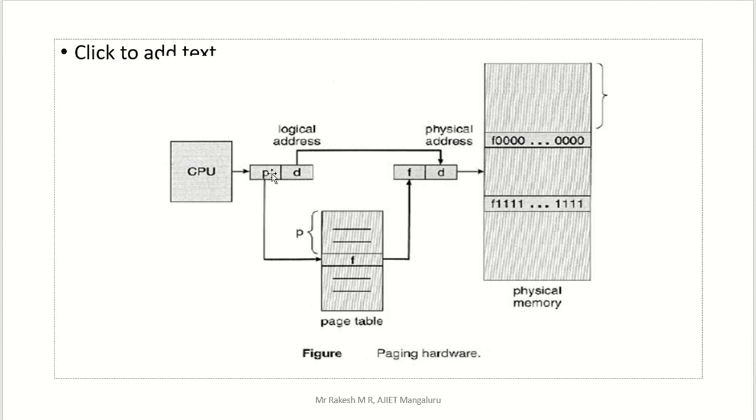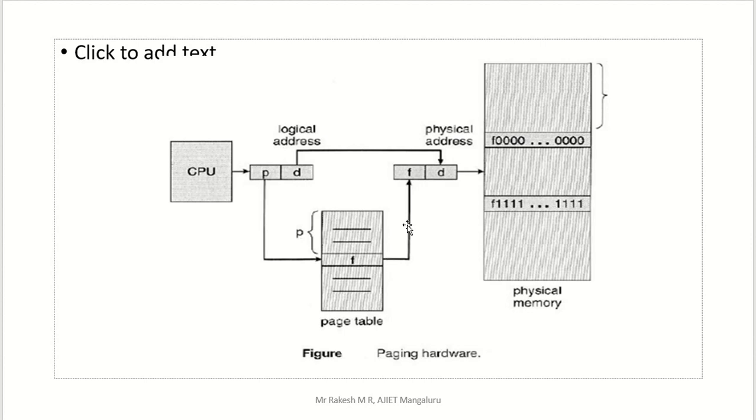That page number is sent to the page table. This is your page table. What does the page table contain? Outside we have the page number, inside we have the frame number. So which frame a particular page is present in, that is there in the page table. By using the page table you will get the frame number also.